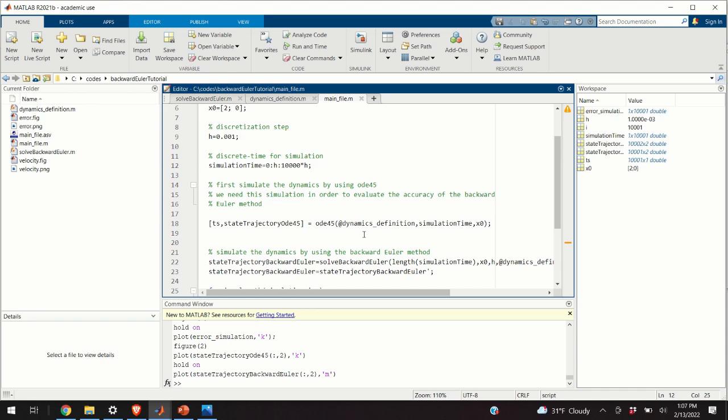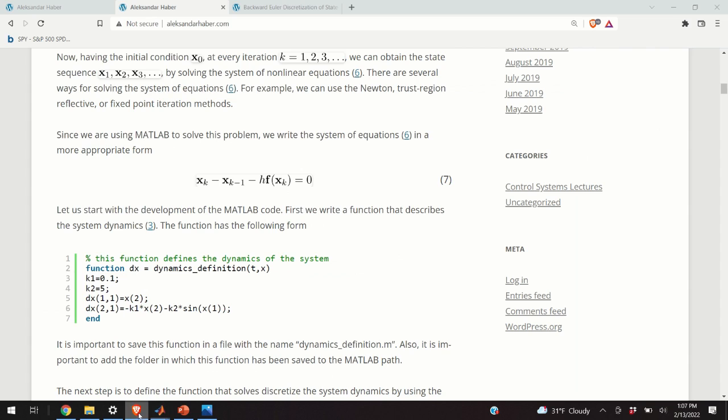Now, someone might ask me over here, so why do we need to use this method when ODE45 is a more accurate and a faster method? Well, when you want to develop a controller, you need some analytical form of your dynamics. If you have a stiff dynamics, you will assume the backward Euler dynamics. So you will assume that dynamics is given in this form.